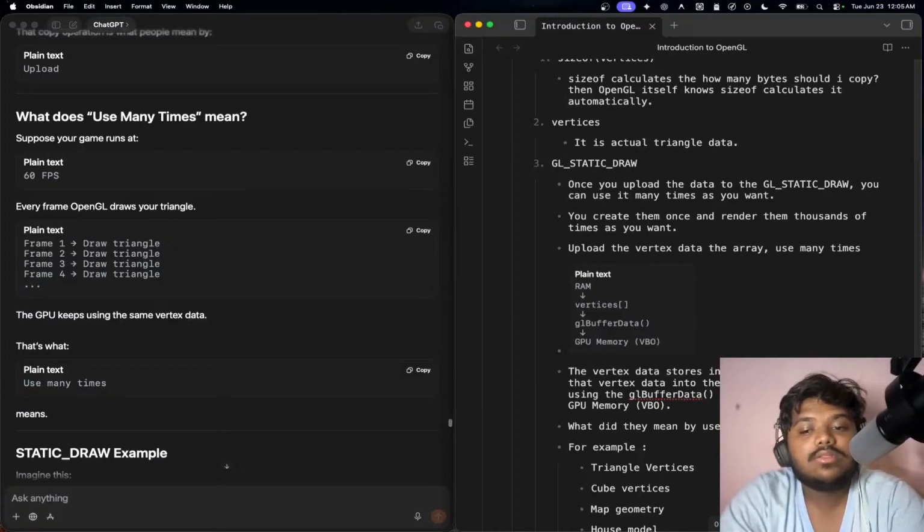Okay, that means every frame OpenGL draws your triangle.